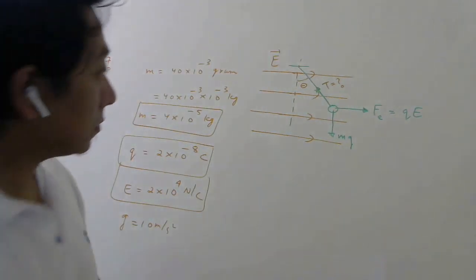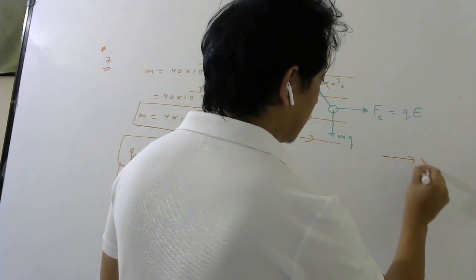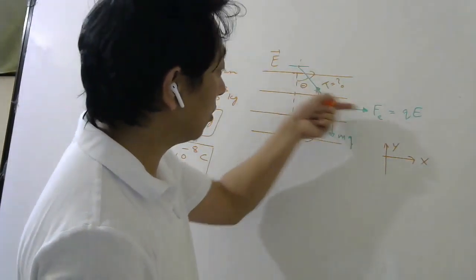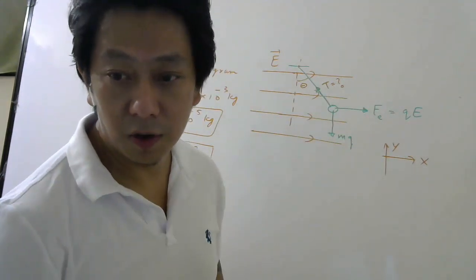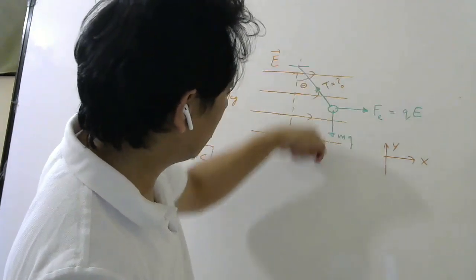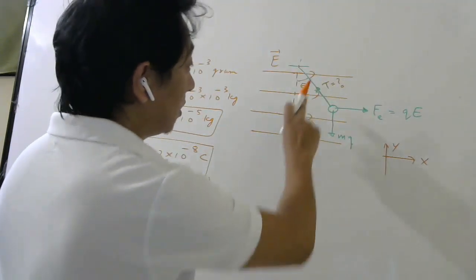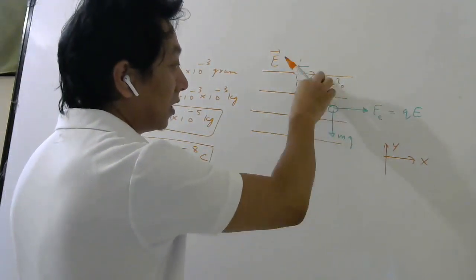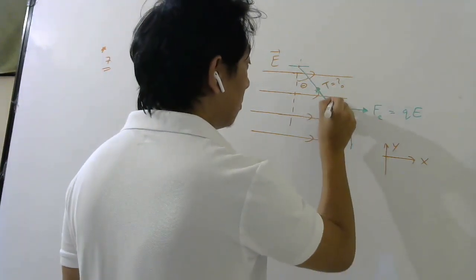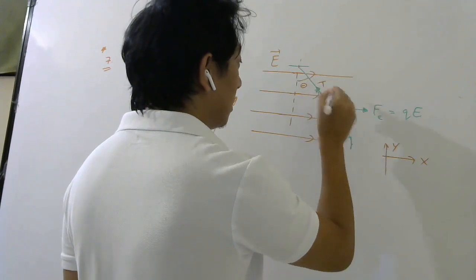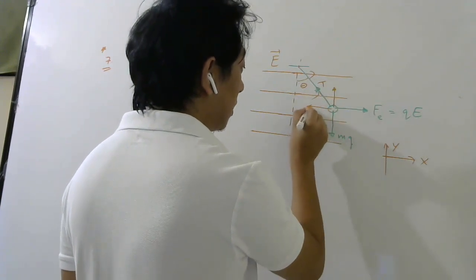So let us call this x-axis and this y-axis. You can see this force is along the x-axis, so it will not have a y component. This force is along the y-axis, so it will not have an x component. But this tension is at some angle, so that tension will have two components, one here, one here.